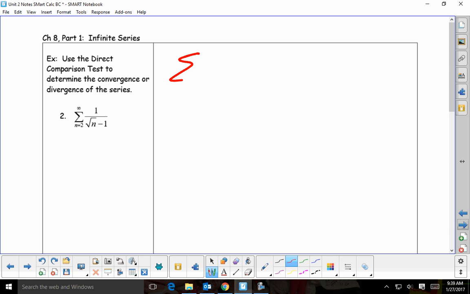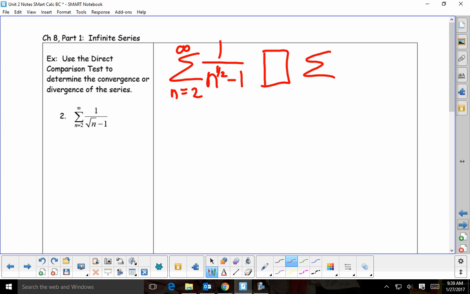Okay, so first thing, and I'm just going to rewrite the square root as to the 1/2. So what do I want to compare it to term by term? Any ideas?